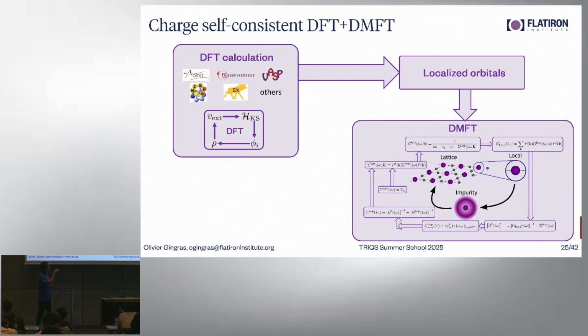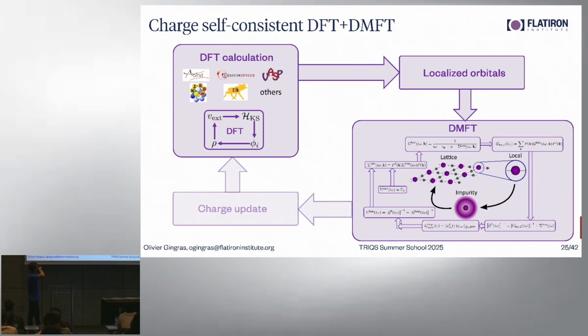That gives you the projectors that you're going to use here, or not use if you do a model. The localized orbitals give you the minimal space where you're going to work. The eigenenergies are used for the non-interacting dispersion. So that's one way to do it: you do DFT, you provide some things, and you solve your DMFT.